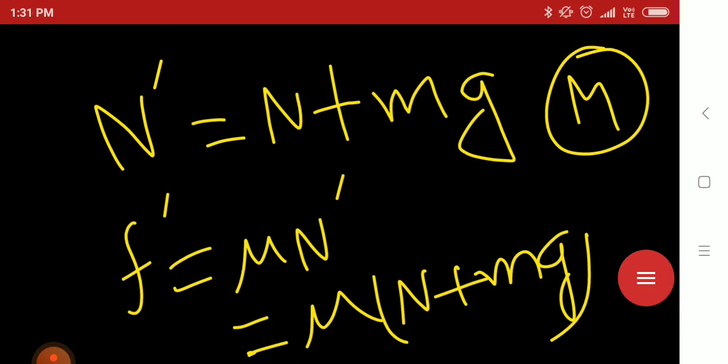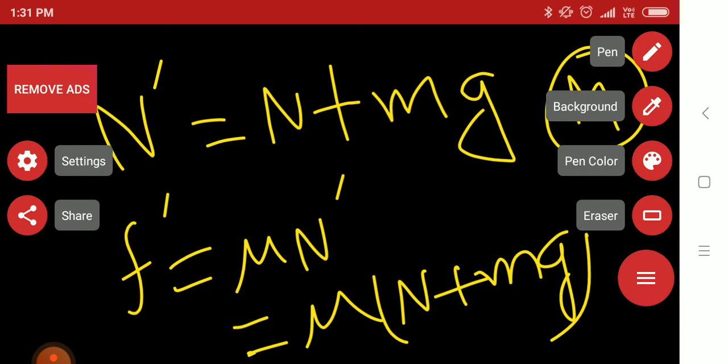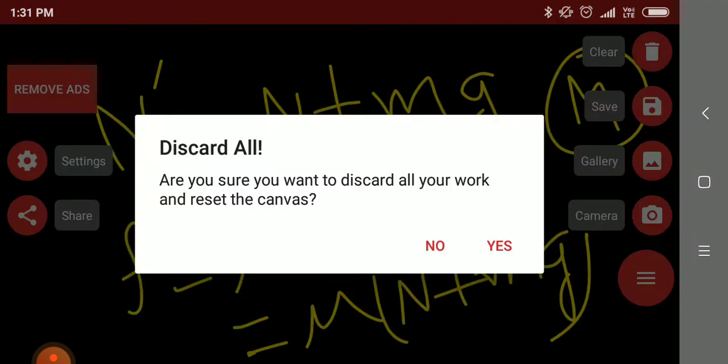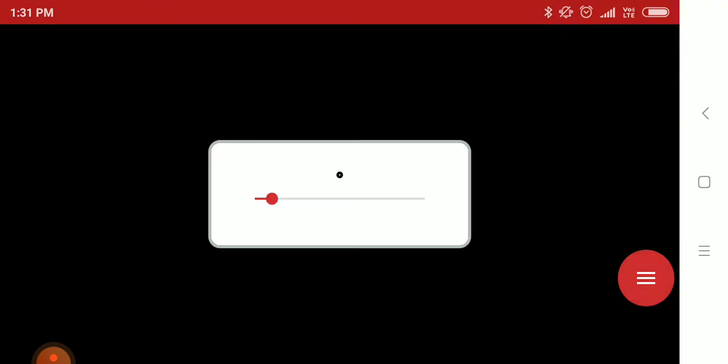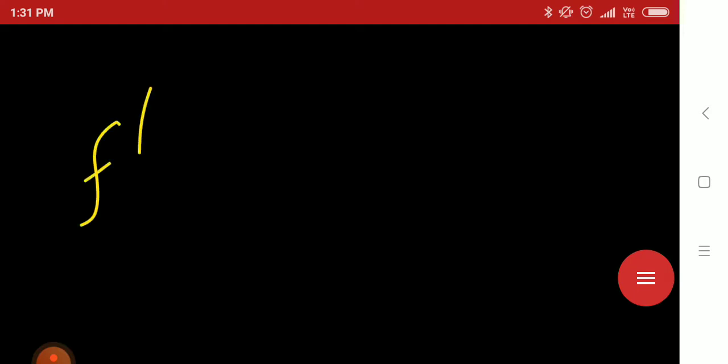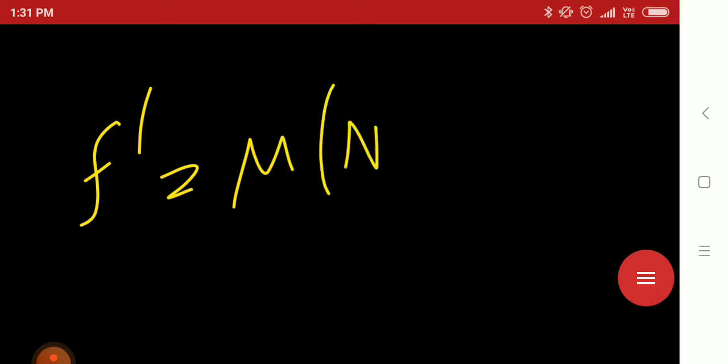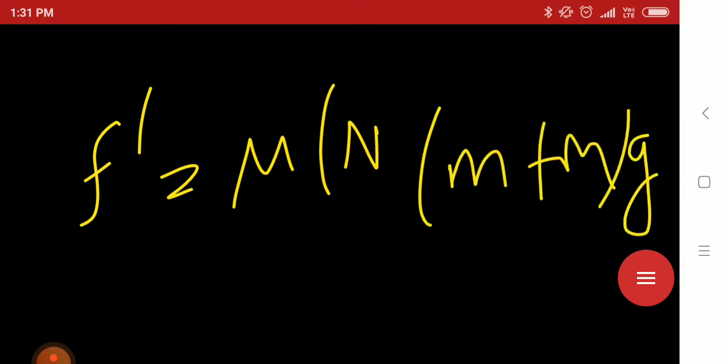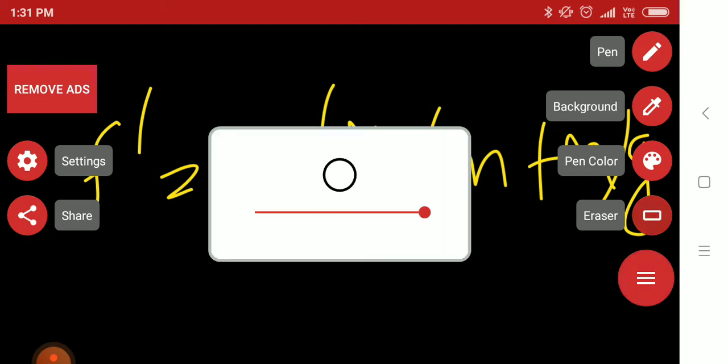So N prime can be written as, F prime equals mu into N prime, into m plus capital Mg. Because here you see, let me make you understand properly.